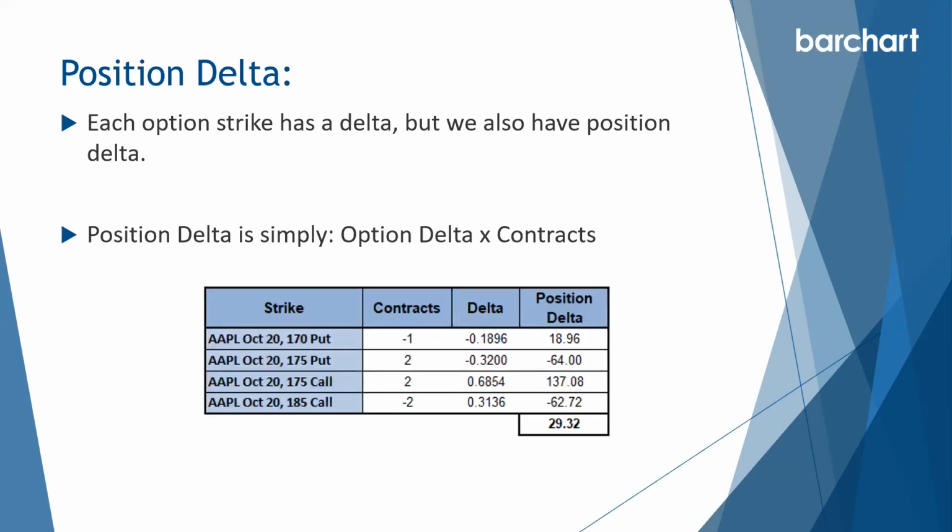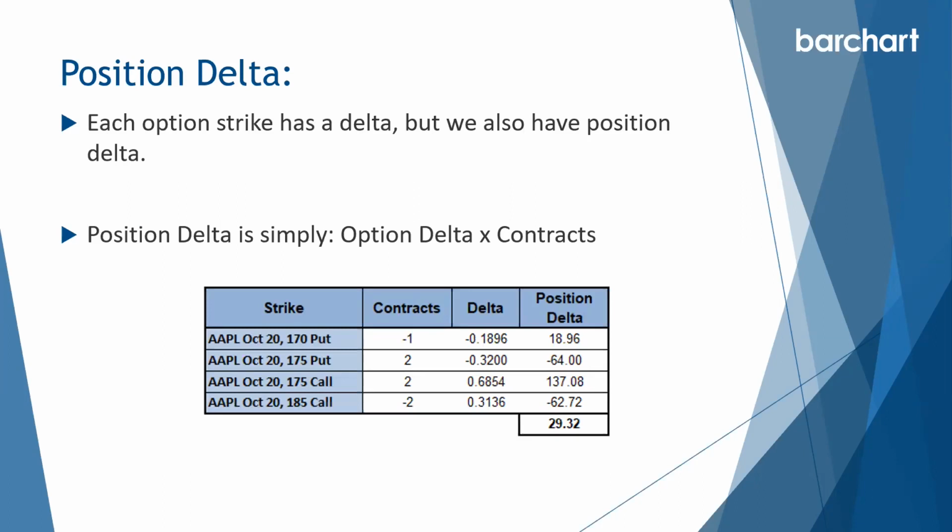So for example, we've got some data here from Apple October options. The first one there, we've got a 170 strike put option, and we've looked at selling one of those contracts. So we're selling a put option. The delta of the put option is -0.1896. When we take contracts times delta, negative times a negative, we actually get a positive.